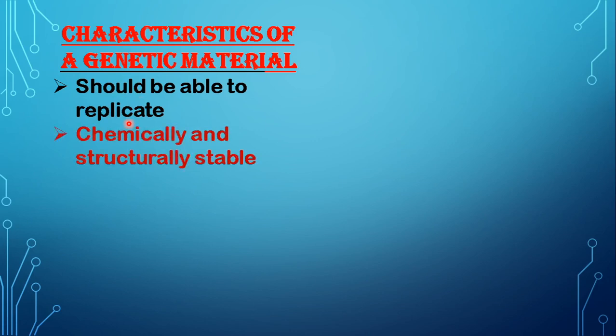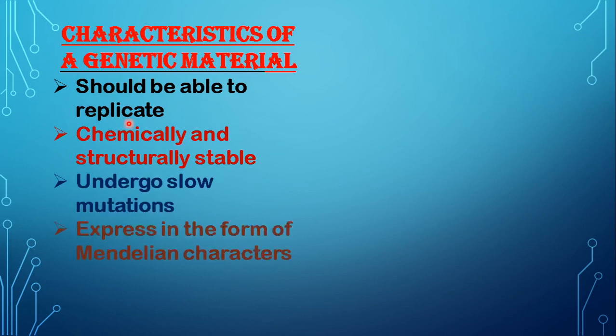It should be chemically and structurally stable, that means not easily liable to break down. It should undergo slow mutations. It should express in the form of Mendelian characters. So these are the characteristics of a genetic material. It should be able to replicate.